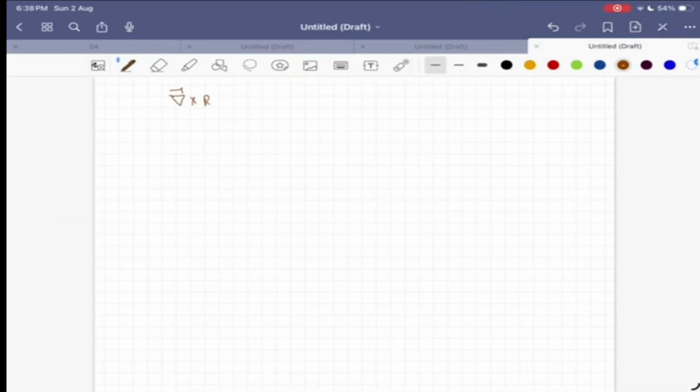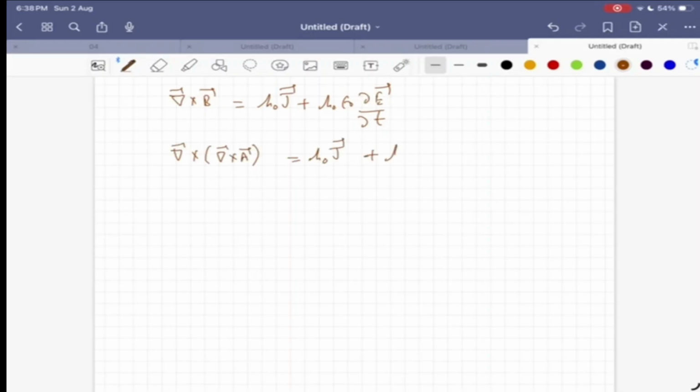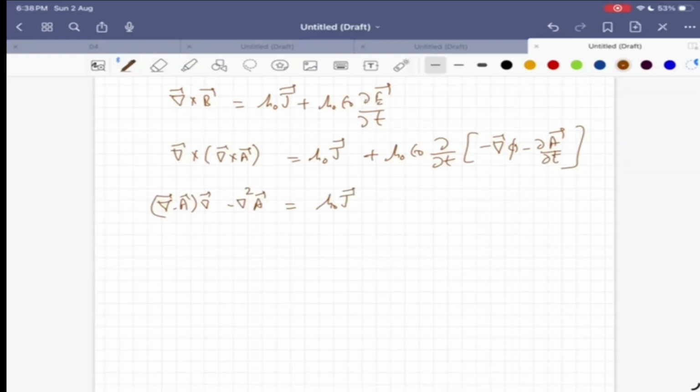The fourth one is del cross B is equal to mu naught J plus mu naught epsilon naught del E by del T. So del cross B is del cross del cross A now, and mu naught J plus mu naught epsilon naught del by del T of E, where E is minus grad phi minus del A by del T. So if we do the math, we'll get del of del dot A minus del square A equals mu naught J minus mu naught epsilon naught del of del phi by del T, and minus mu naught epsilon naught del 2A by del T2.